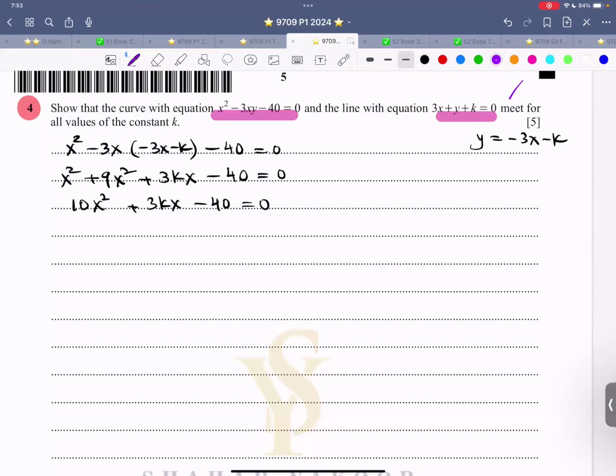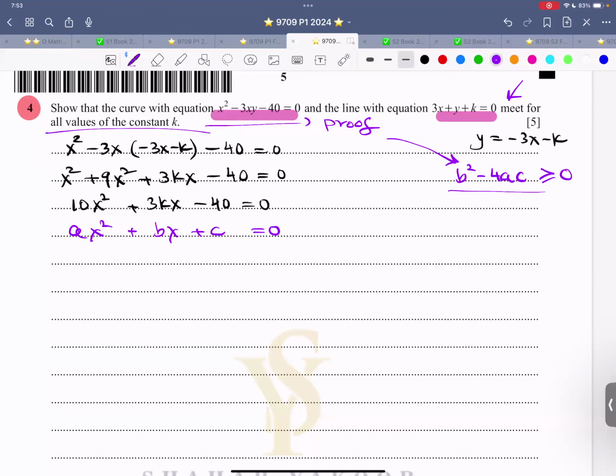It says it meets for all values of constant k. So you have to basically prove that b squared minus 4ac is greater than or equal to 0. Prove this. Do not place the value beforehand because they're not asking for a set of values. Keep that in mind. So now this is ax squared plus bx plus c equals 0.